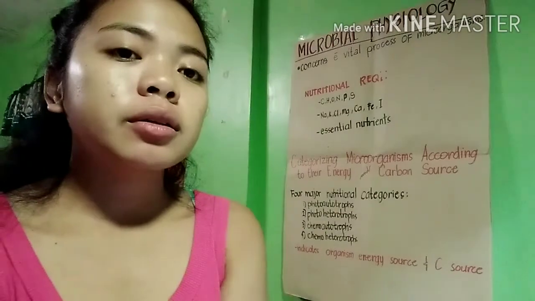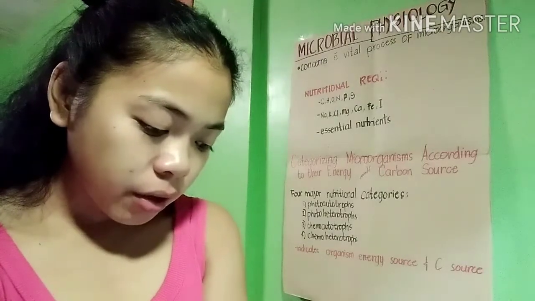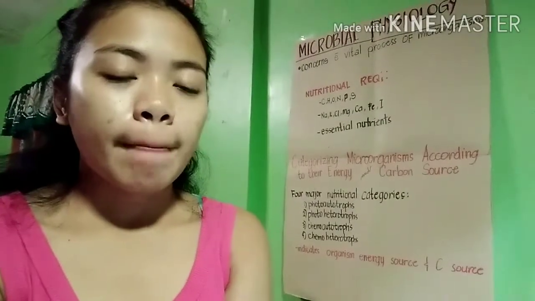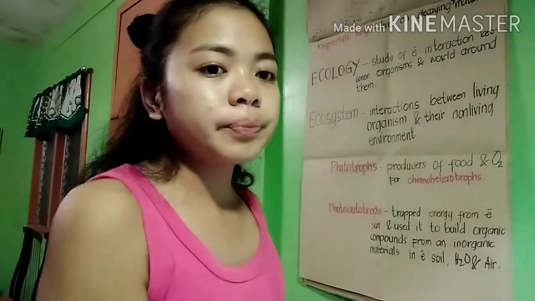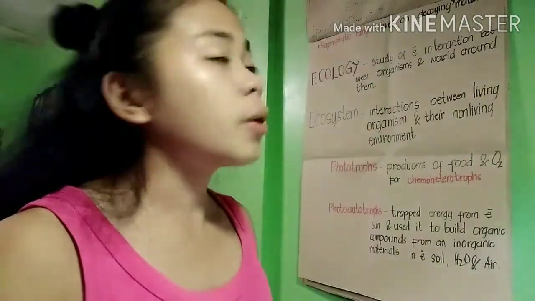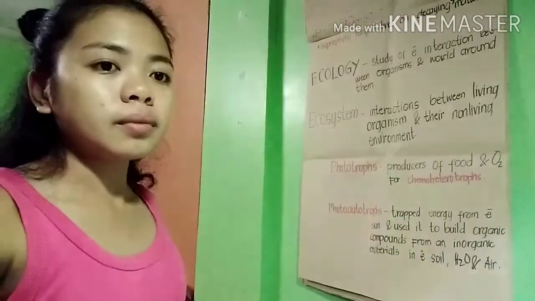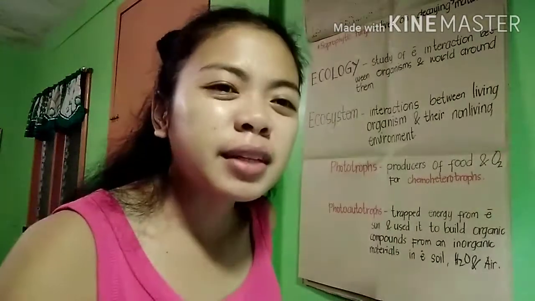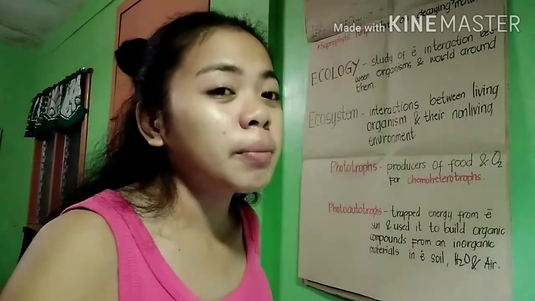Then the chemoheterotroph uses chemicals and organic compounds other than carbon dioxide as a carbon source. An example is the saprophytic fungi, an organism that lives in decaying matter, like in the soils.